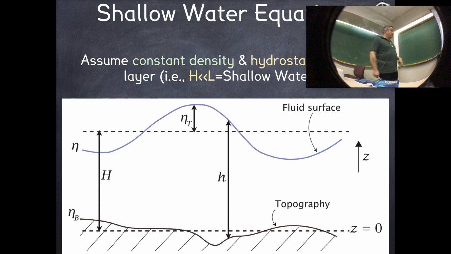So what does that tell me about the pressure field there? dP/dz equals minus rho g. That's the hydrostatic balance. So if H is much, much less than L, then this holds. Now what? Well, it's constant density. So what can I do with that equation?